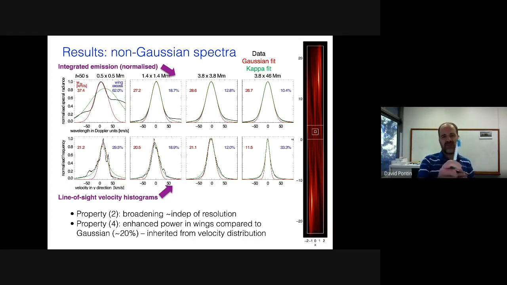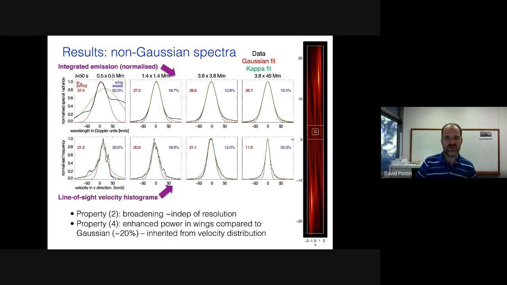So from left to right in these plots here, we're looking at the emission from the smallest white box on the right, the middle-sized white box, the largest white square box, and then on the very right-hand side is integrated over the whole loop. And I guess the first thing we see is that the broadening is roughly independent of the resolution that we choose, the size of box that we integrate over.